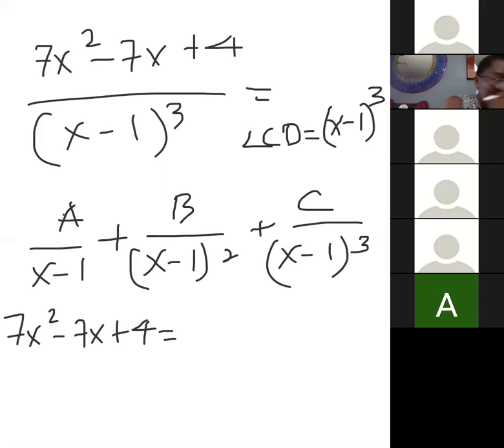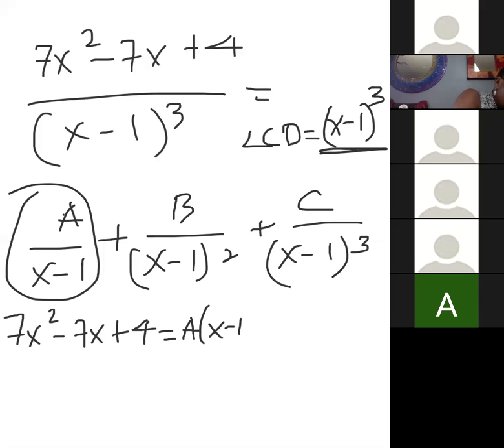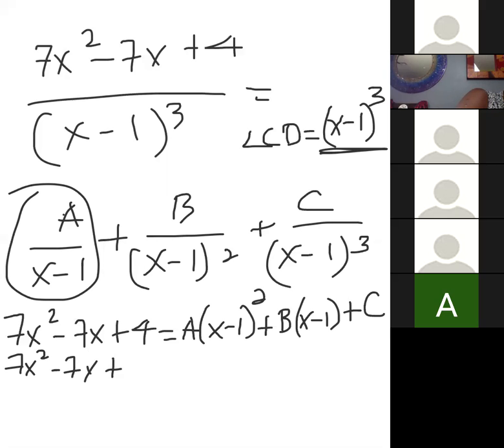Now, when you go on the right side, if you take x minus 1 cubed, multiply it by A over x minus 1, you'll be left with A times x minus 1 squared. And if you go to the B fraction, you multiply it, you'll be left with B times x minus 1. And then if you do it with the third fraction, you'll be left with C. So let's go ahead and work it out, guys. That x minus 1 squared, when you expand it, is going to become A times x squared minus 2x plus 1.